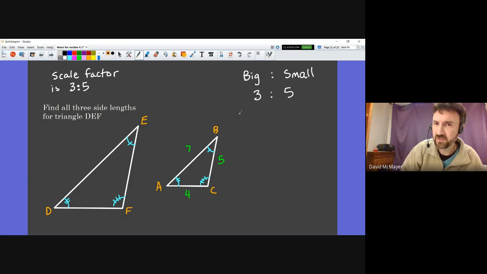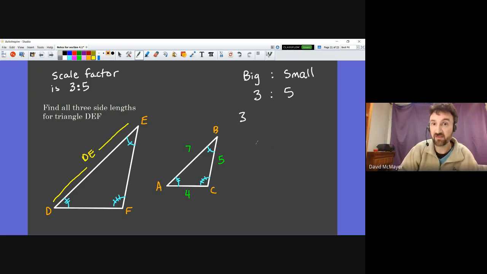What we're going to do is take 3 of this side length DE. When you put 2 letters next to each other, it means a length. So 3 multiplied by DE has to be exactly the same as 5 multiplied by the side length AB, which is 7.